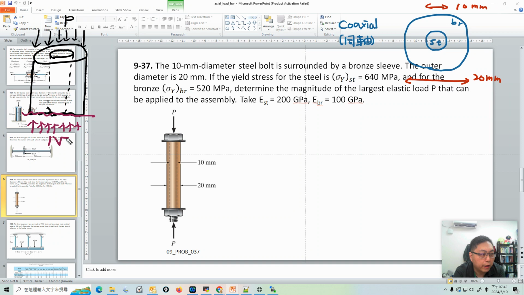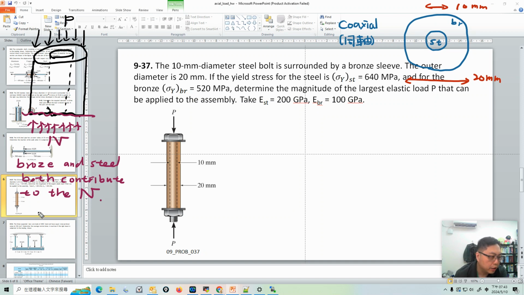The most important thing here is that because this is a coaxial structure, the bronze part and the steel part both contribute to the normal force.